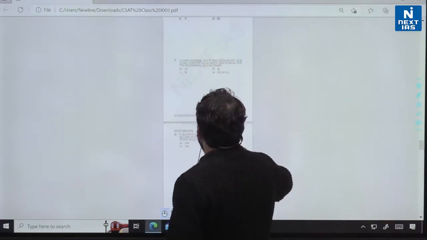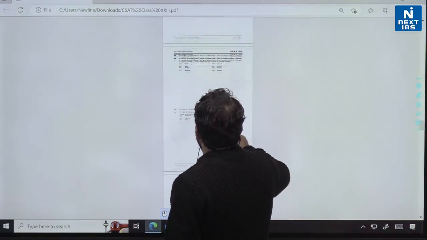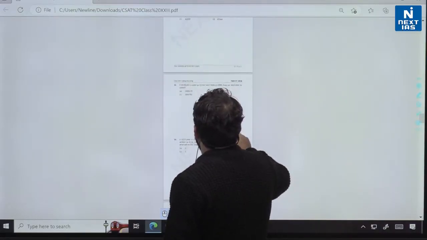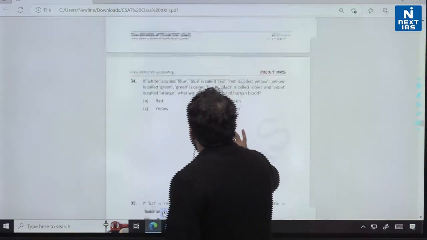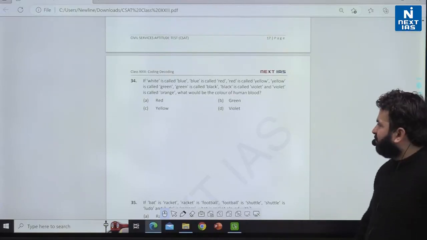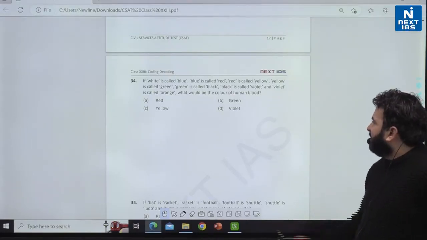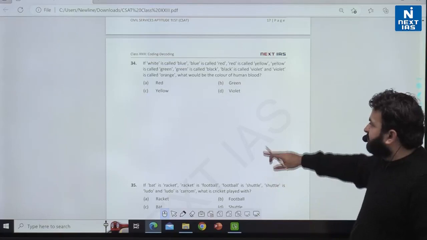Now all of you, just the last type of questions in this coding. So this one is very simple. Question number 34. If white is called blue, blue is called red.